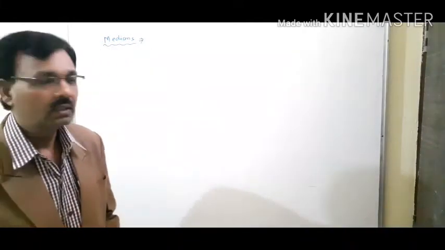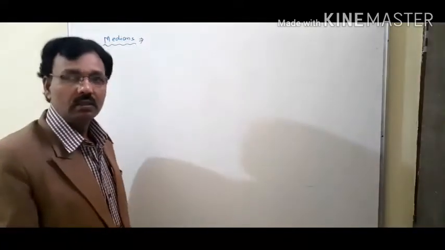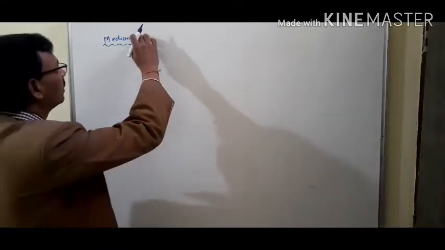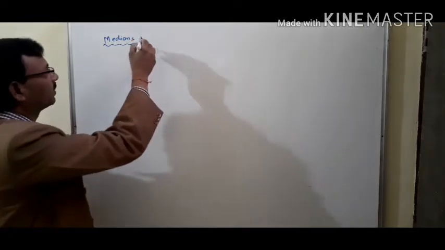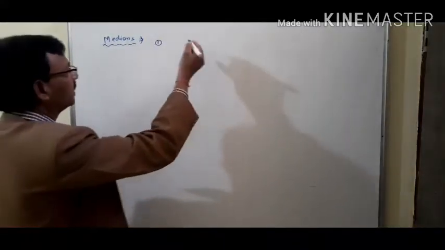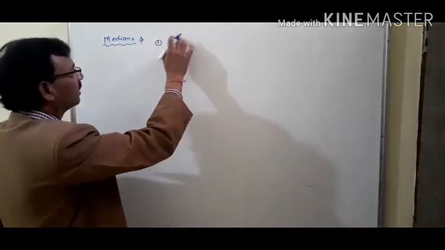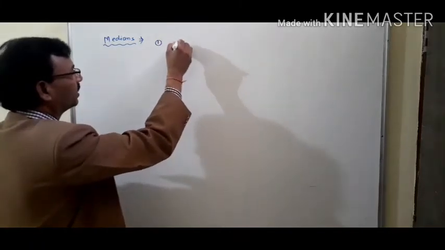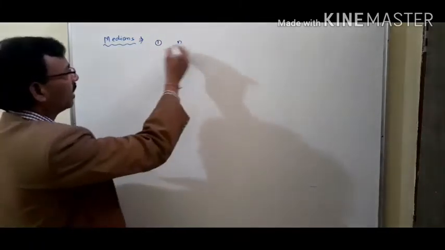In earlier classes you have studied simple medians. To find the median of simple data, if single data is given, first we calculate the number of observations, that means the value of n.